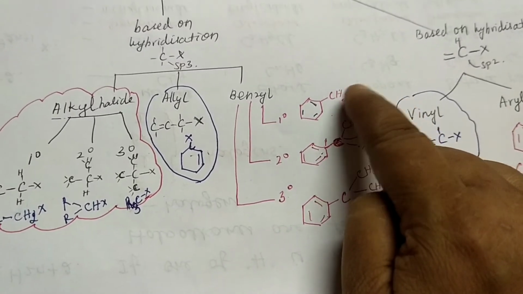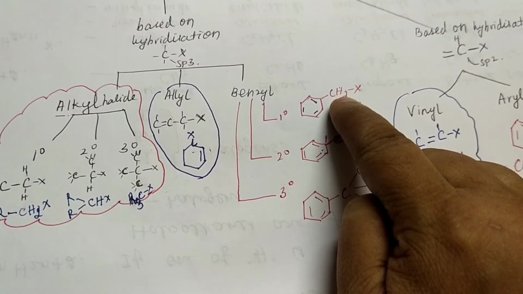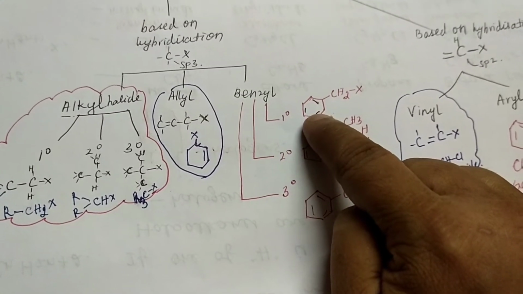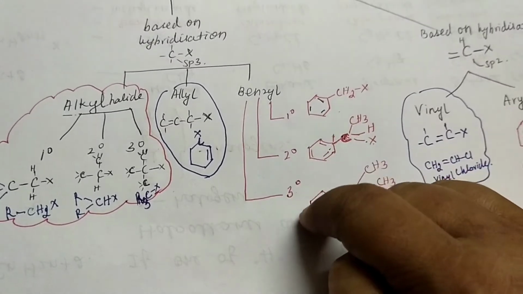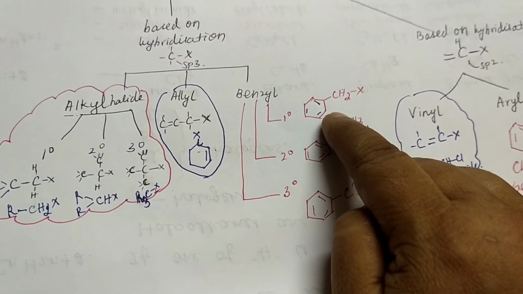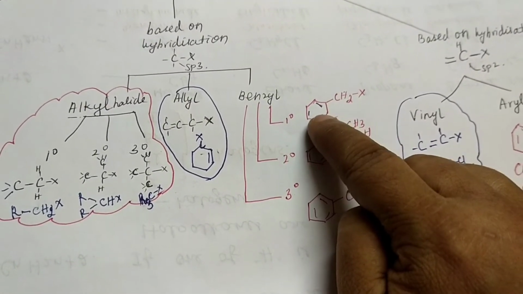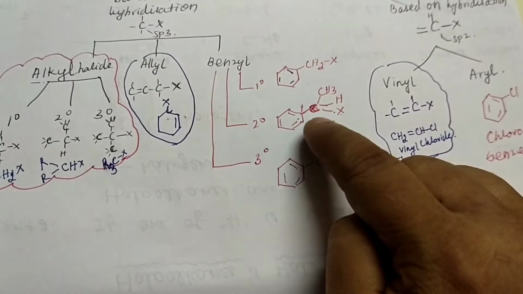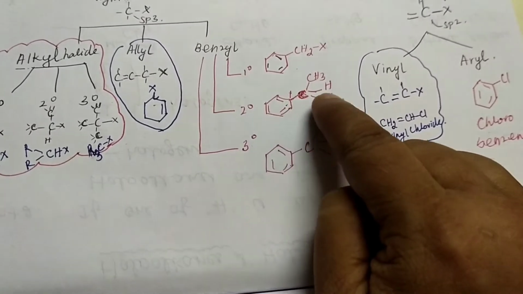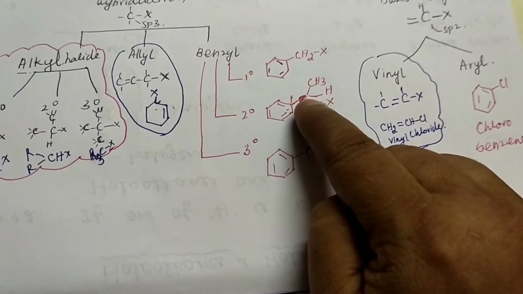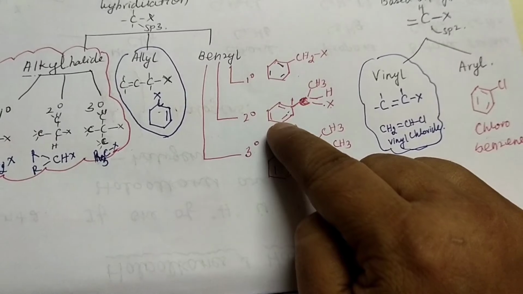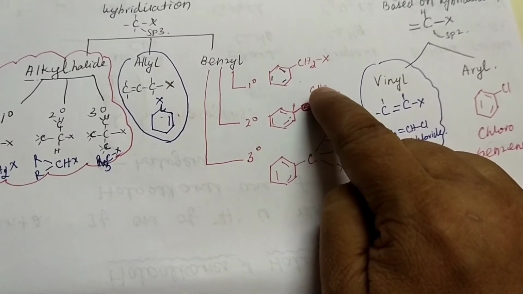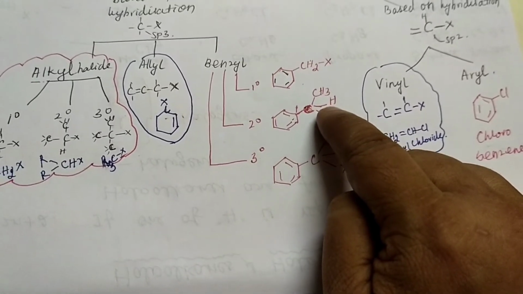The next classification is benzylic. Here the halogen attached carbon is again sp3. Out of the 4 valencies, one is with the benzene ring. Under this we again have primary, secondary and tertiary. In primary it is CH2X with one valency on the benzene ring. In secondary, the halogen attached carbon has one valency with the benzene ring and another valency with any carbon atom, it may be methyl, ethyl, anything, and the remaining one may be hydrogen.